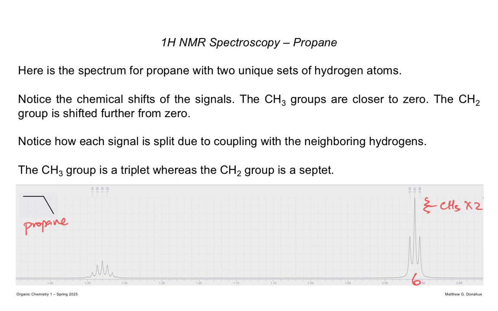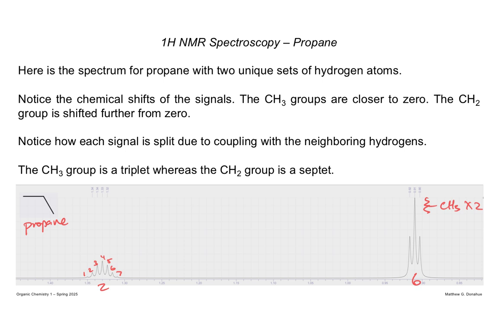The other signal is more downfield. I always confuse that myself. When you look at it, it's hard to see 7 lines, right? So it's kind of small. So there's 7 lines, that integrates to 2.